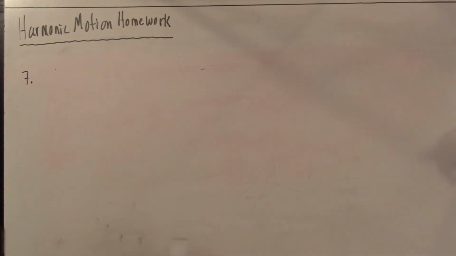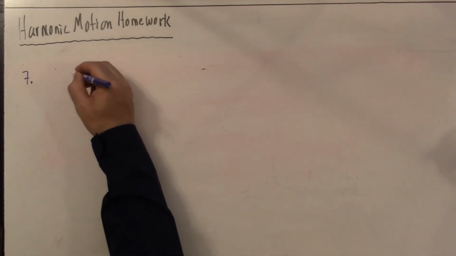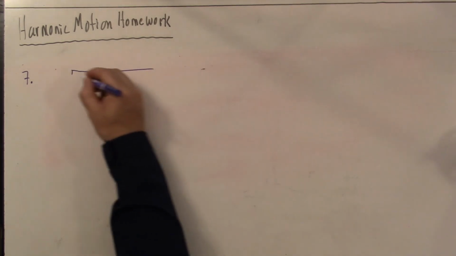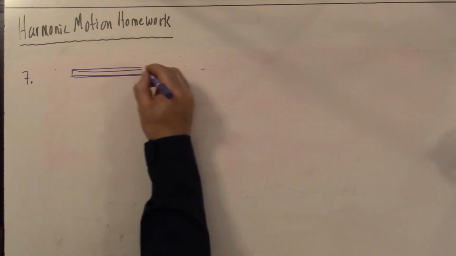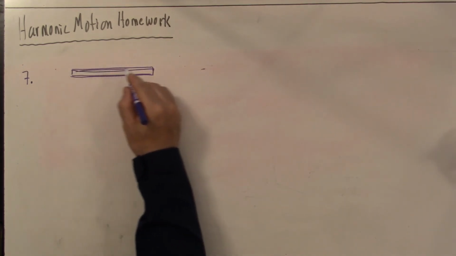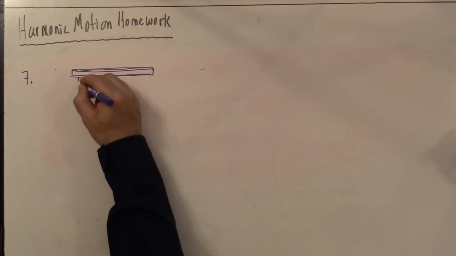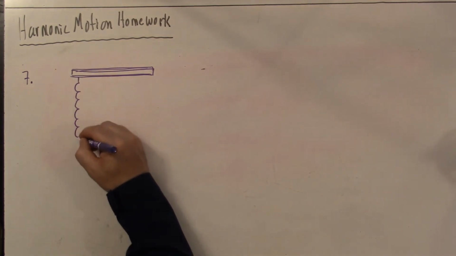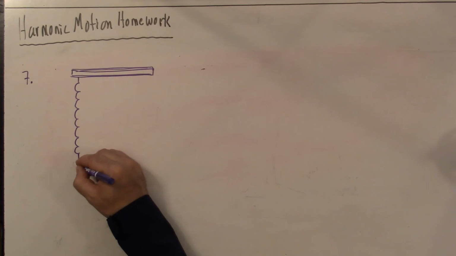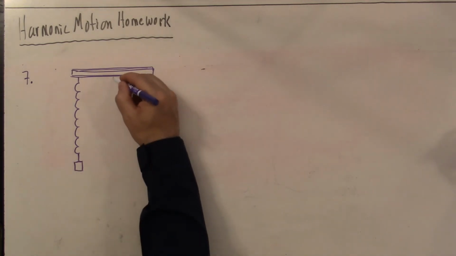So 7 says, answer the following questions about the spring at the right, justify your answer to each. Oh, this is cool. It gives you a snapshot of a bouncing spring at 3 different moments in time. In the first one, it's totally stretched out. In the second one, it's basically halfway stretched out.